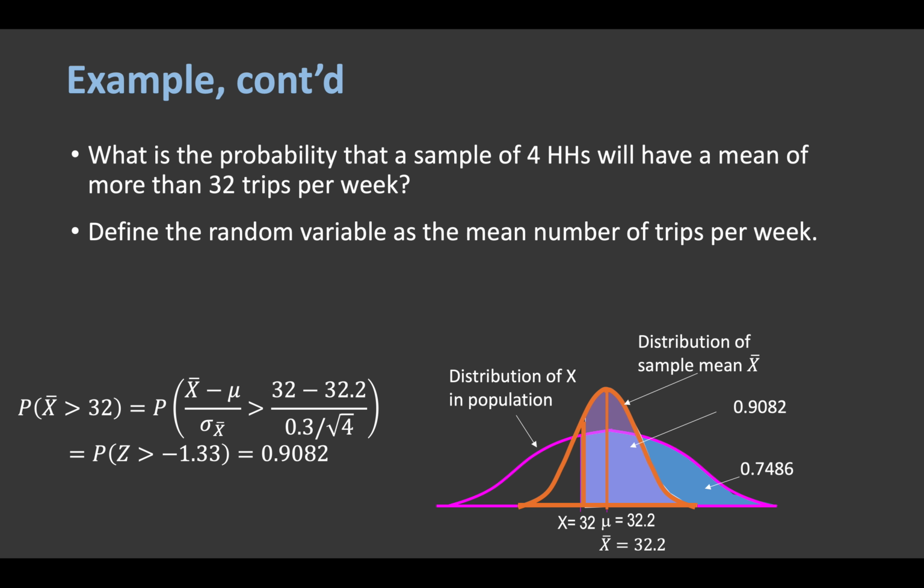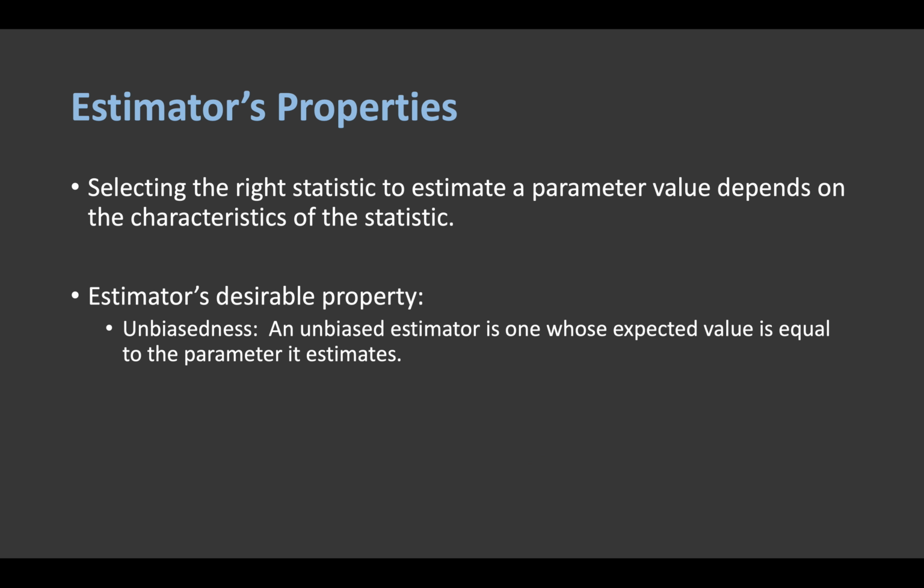For the sample, the normal distribution is much thinner, right? Much more concentrated. So that's how we estimate certain numbers, errors, for a sample.